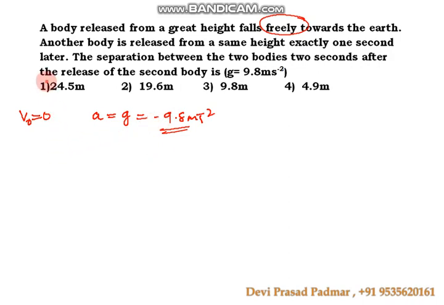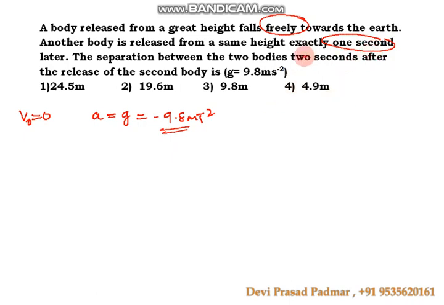in this, the question is, a body is released from great height, falls freely towards earth. Another body is released from same height exactly 1 second later. That means the time difference between first body and second body is 1 second. So second body is released 1 second later, that means first body has 1 second extra time.